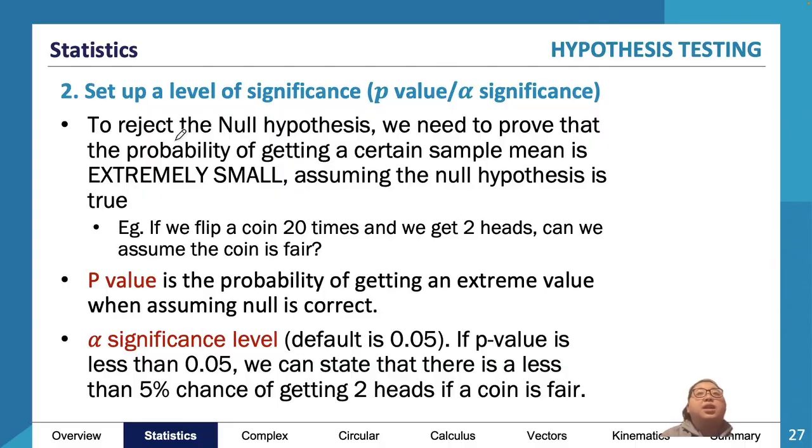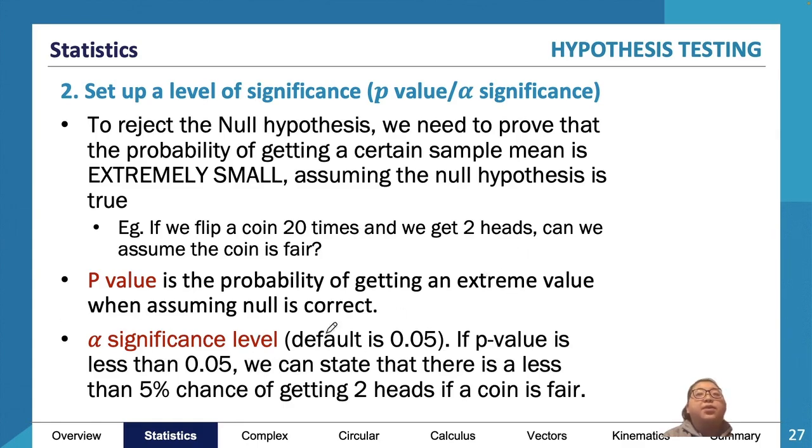Great. So then we set up the level of significance. They'll tell us the level of significance, so they'll say a significance of 0.05 or 0.02. And then they want you to calculate the p-value. The p-value is the probability of getting that extreme value whilst assuming the null value is correct. That sounds a bit overly complicated, but essentially all you're doing is finding the probability of getting that value given that you have the original value being your mean and a standard deviation as well.